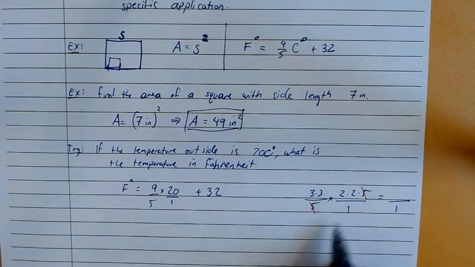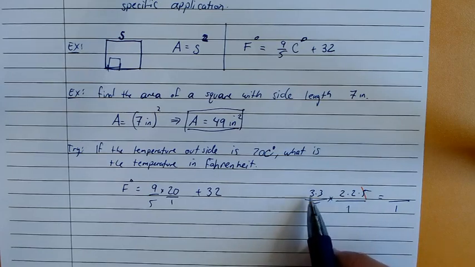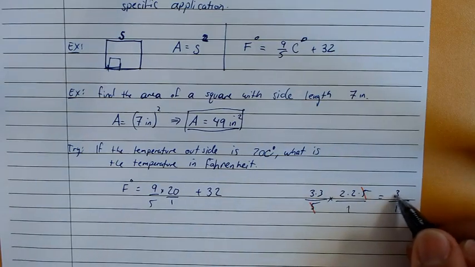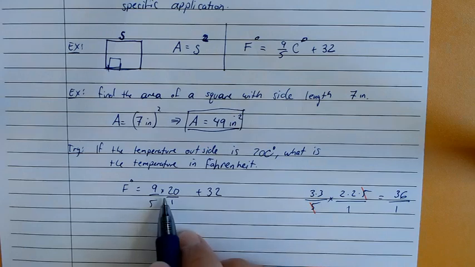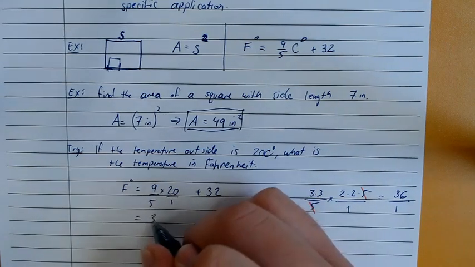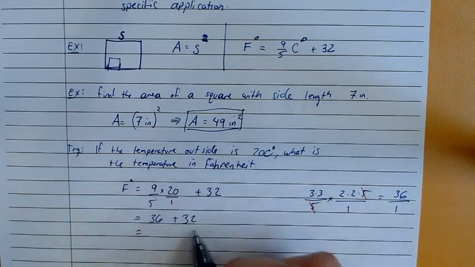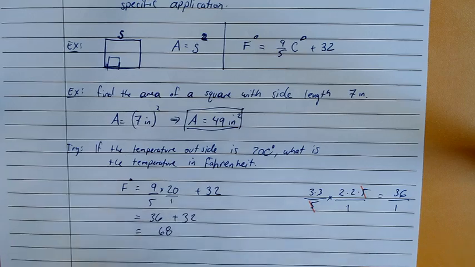In your numerator, you have 1 times 2 times 2. That's 4, times 3, which is 12, times another 3, which is 36. So 9 fifths times 20 would be 36. Plus your other 32 will give us 68. So if the temperature is 20 degrees Celsius, it's 68 degrees Fahrenheit.